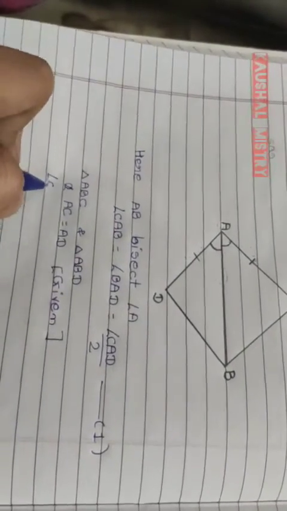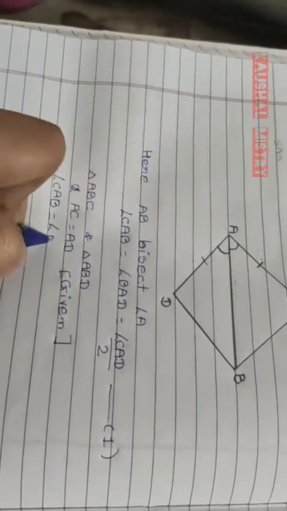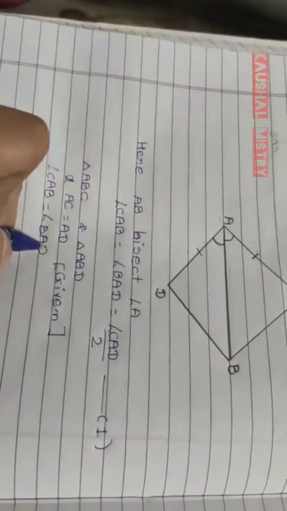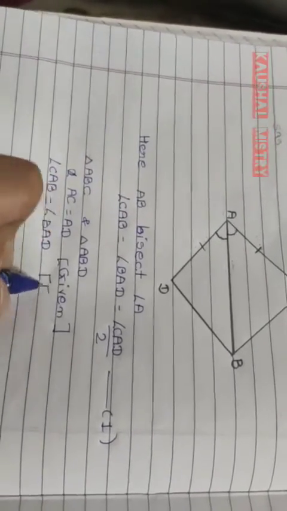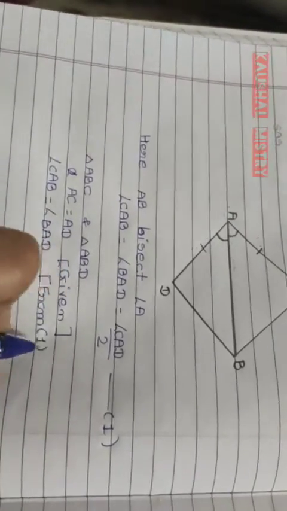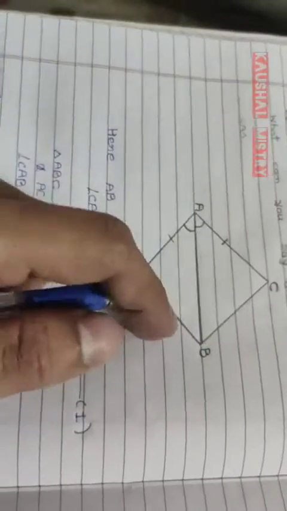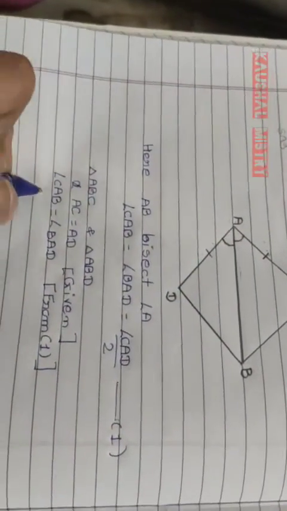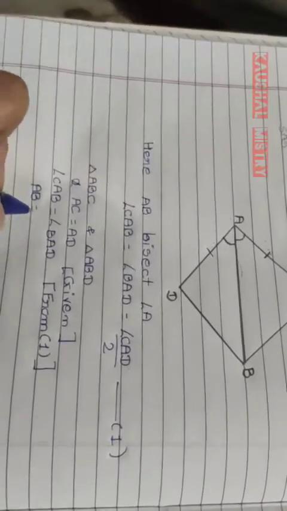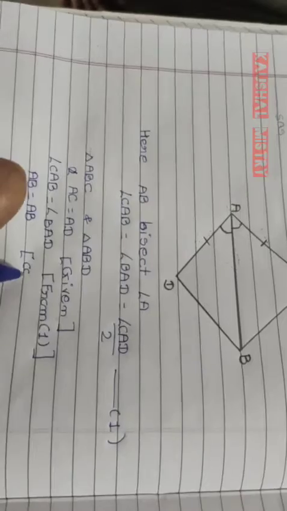Second one, we can see that angles CAB and BAD are equal by result number 1, or from equation number 1. And last one, AB is a common side in both triangles. AB is equal to AB, that is the common side.